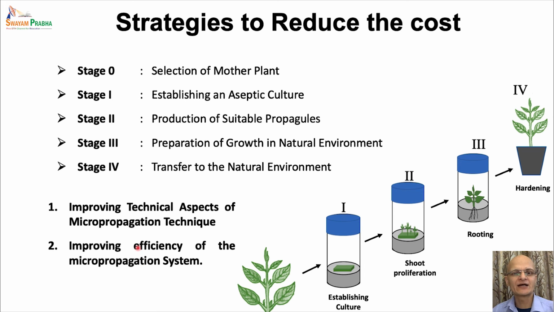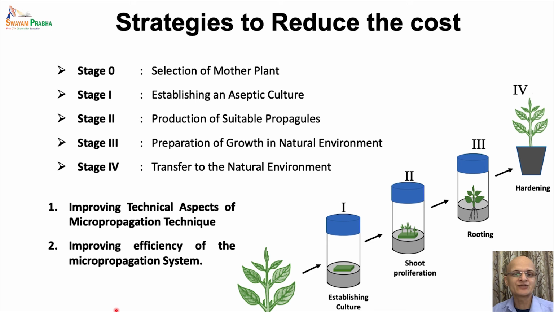One is that we can reduce the costs associated with the technical aspects of the tissue culture. That is, automating various processes or the steps required for micropropagation. So the idea is basically to reduce the manual handling and automate the processes as much as possible.